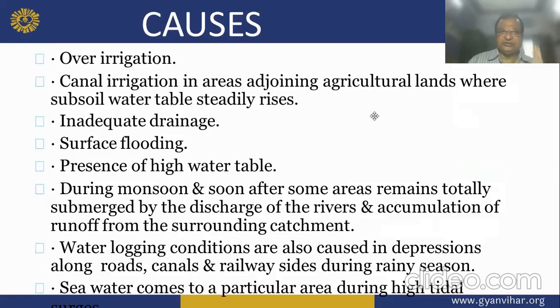What are the causes? The cause is over-irrigation, canal irrigation in the area adjoining agricultural land, wherever the subsoil water table steadily rises, and inadequate drainage.